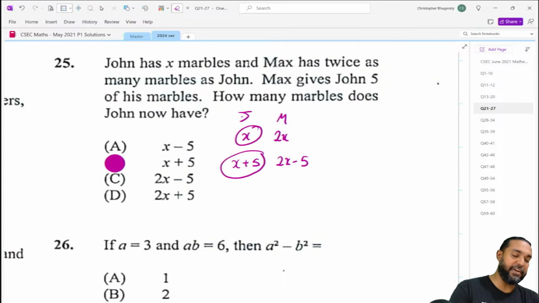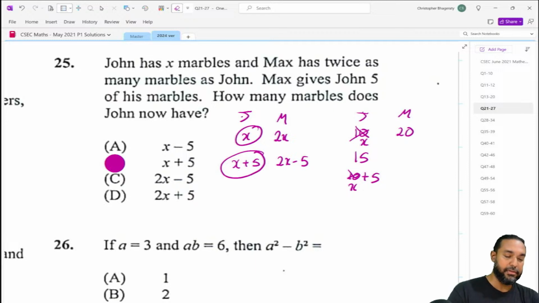So John now has 5 more than he started with. Again, if the algebra itself gives trouble, make up some numbers. What's an easy number? 10. Let's say John had 10, Max had 2 times, which is 20. If you take 5 from Max and give it to John, John now has 15, which is 10 plus 5. Then just replace the number with the actual algebraic letter. So X plus 5. Does that make sense?